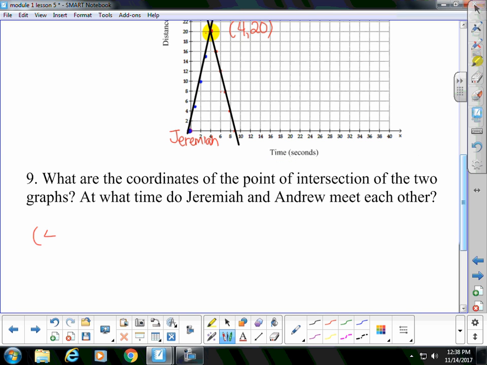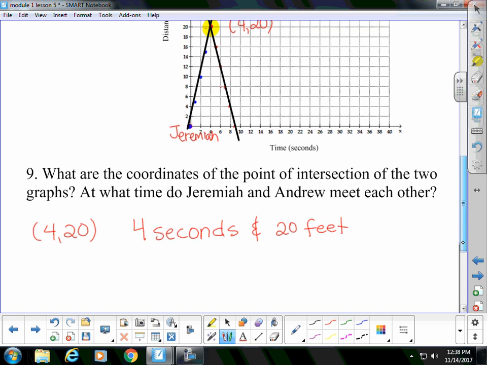And that was 4 and 20, in which the 4 is the x, that would represent 4 minutes, or 4 seconds, excuse me. And the 20 would be the distance, or the feet, 20 feet. So that's the time that they meet, and I also threw in the distance there.